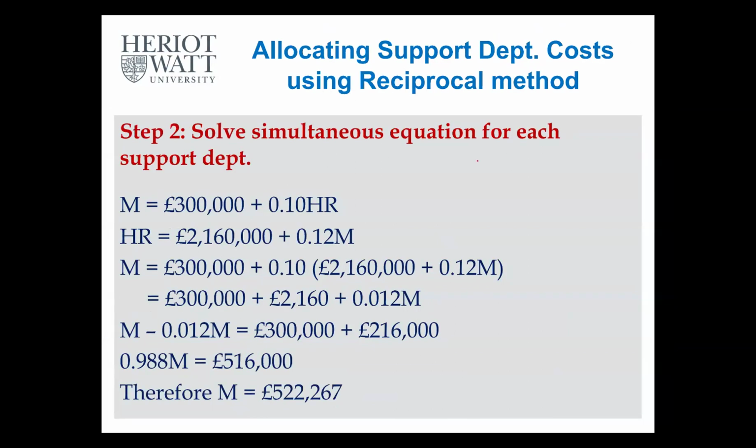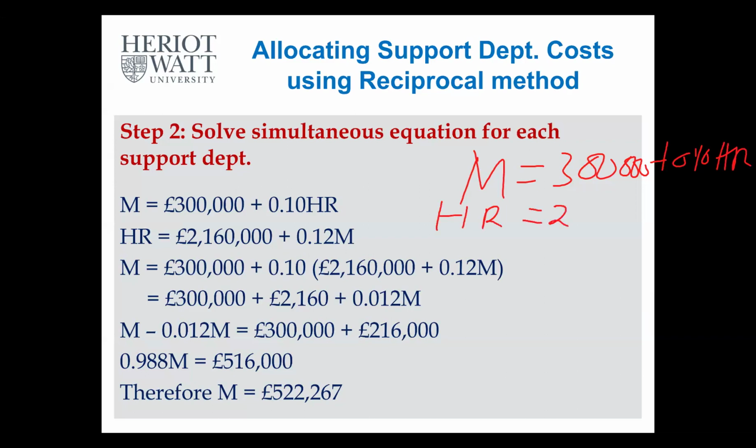Where there is maintenance, let's put M. M, it was 300,000 plus 10% of HR, right? That was the first thing. That's for maintenance department. For HR department, it was what? 2,160,000 plus what? 12% of what? Of maintenance. Is that clear?